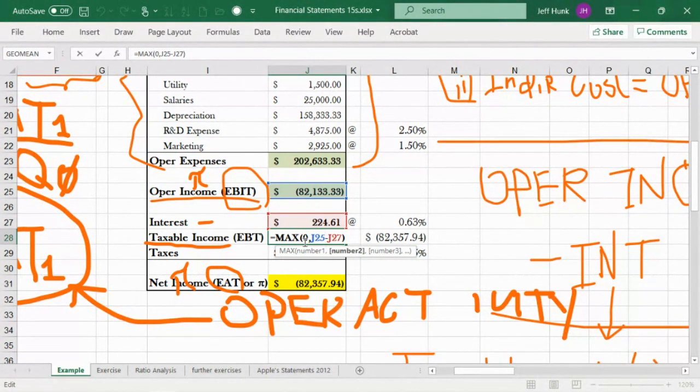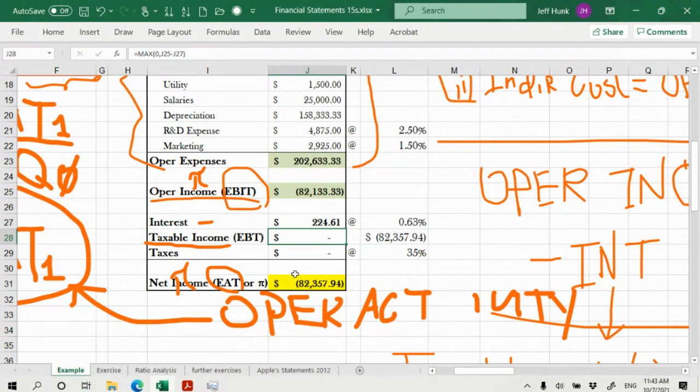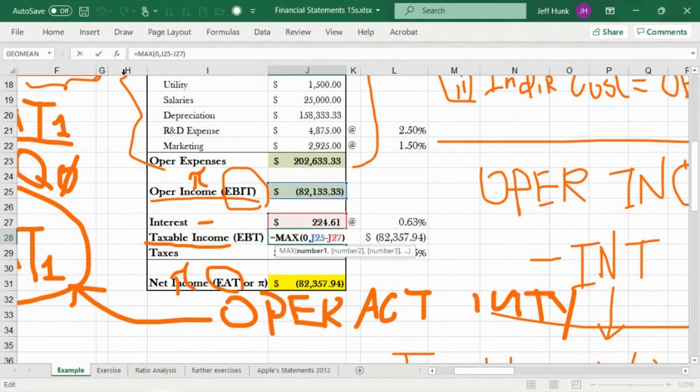There's no need to enter any number manually. Excel will pick whatever is appropriate accordingly. If it is positive, it will pick that number. If it is negative, it will pick 0. So then, since taxable income is 0, tax is 0, right?